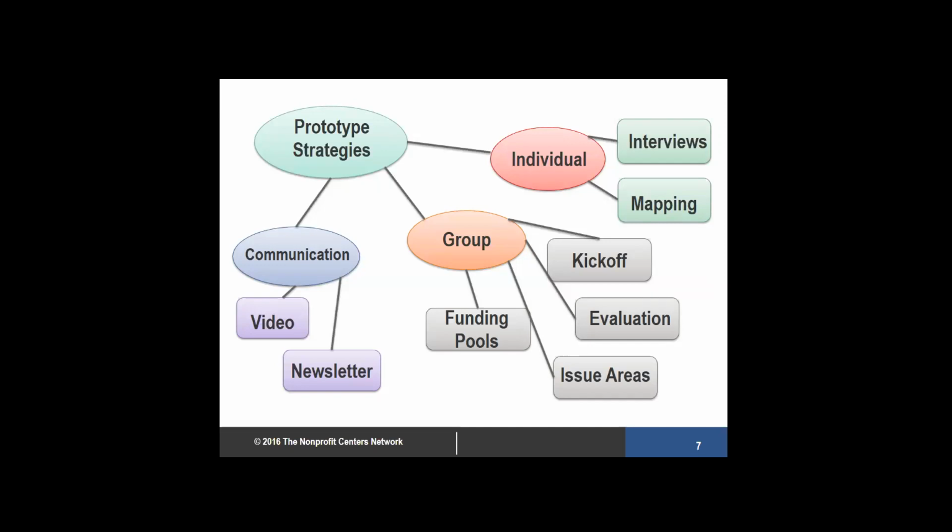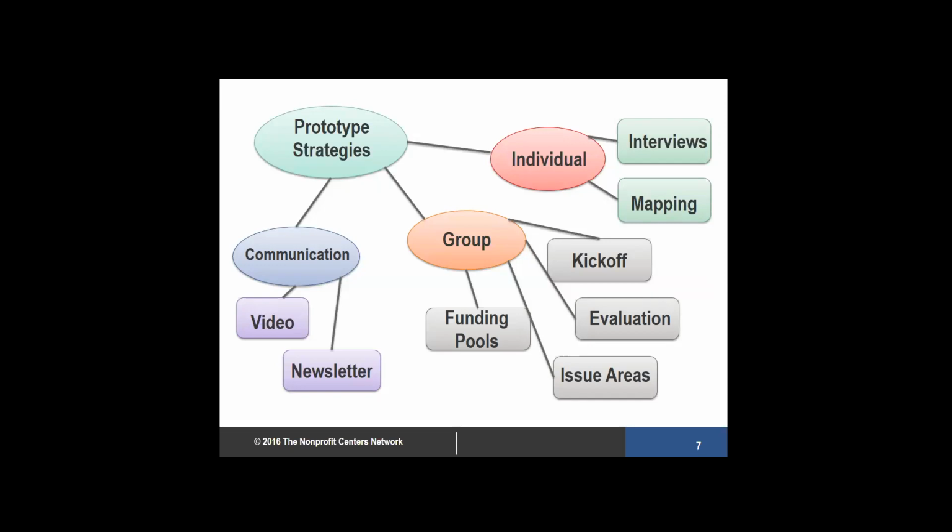We had group strategies where people brought their communities together into one room and tried different activities. Some of them were really focused on intensive facilitation, while others were focused on incentivizing collaboration through a funding pool.